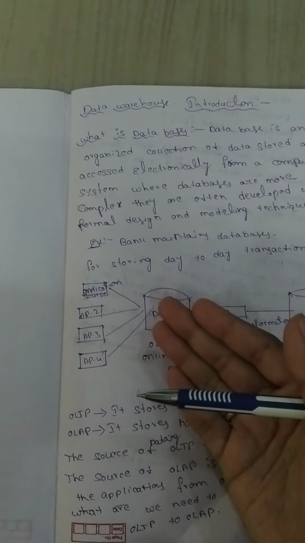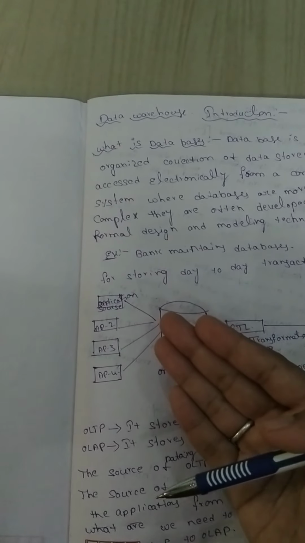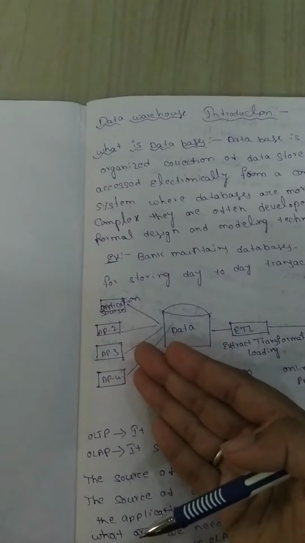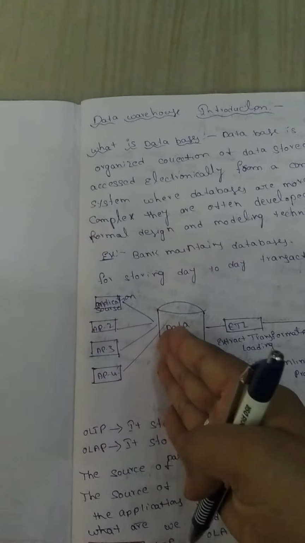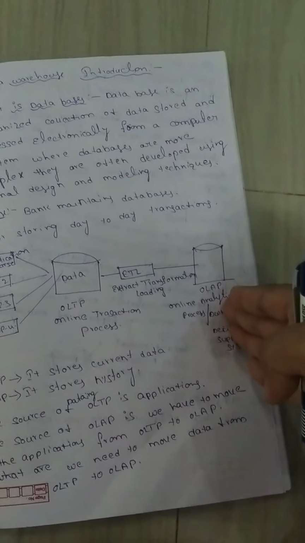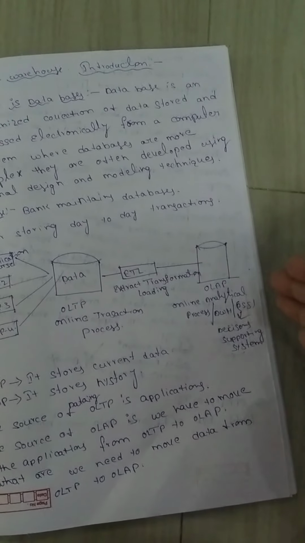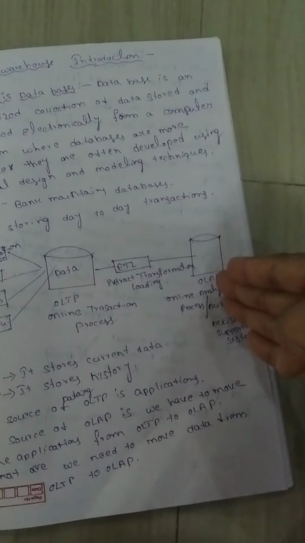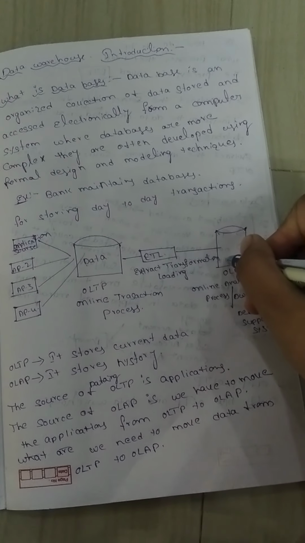He must be investigating some sales department. So on Thursday he must be investigated, so only Thursday's information is stored in OLTP. And coming to OLAP, which is nothing but online analytical processing, also called a data warehouse, history must be stored.